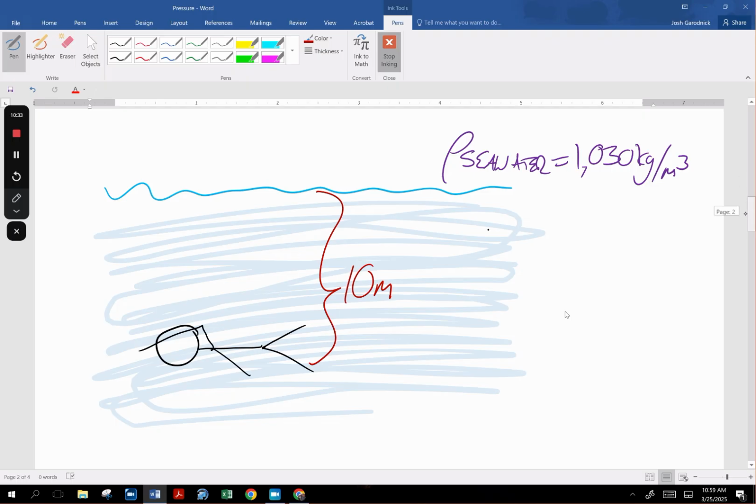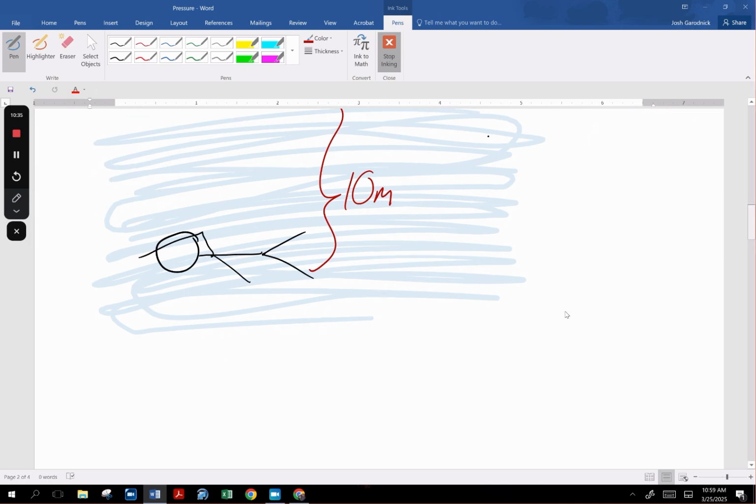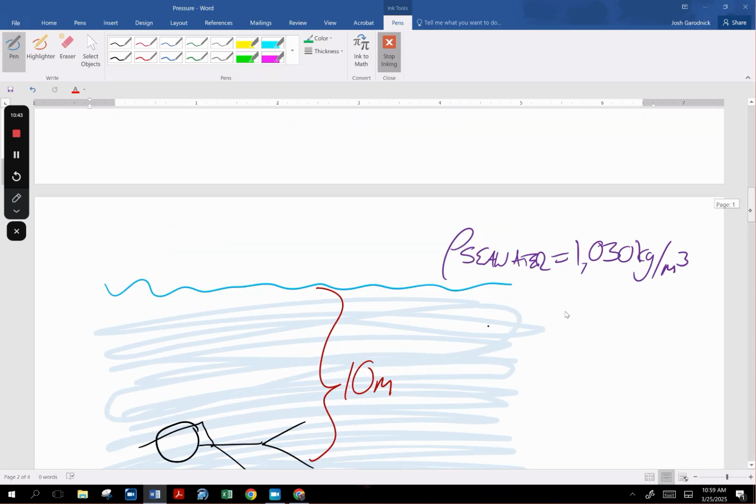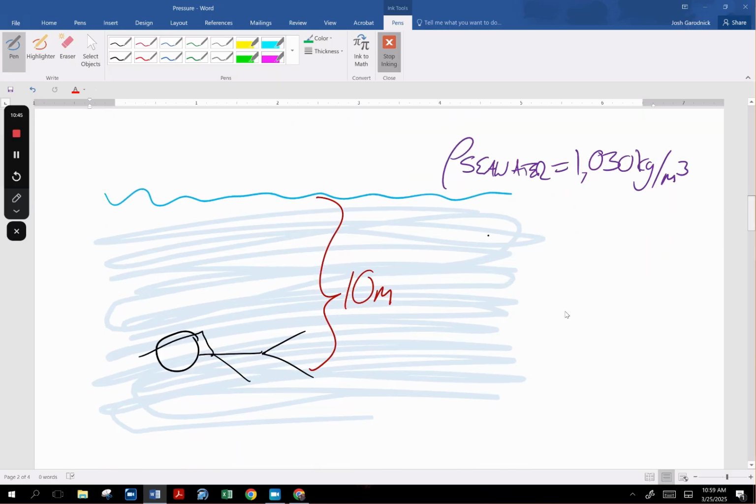So here we go. We have our expression. I believe it says pressure is P naught plus rho g h. So atmospheric pressure plus gauge pressure.